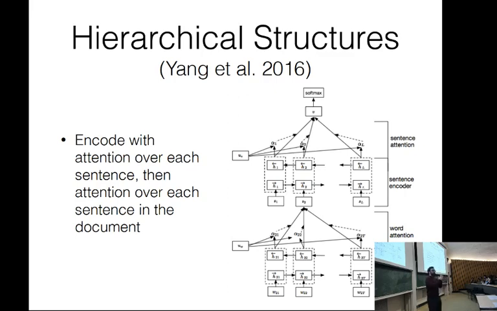That way we had one representation for every sentence. And now, on top, having that representation over all the sentences, they put them through another RNN, and then use attention over that in order to produce the final classification. Okay?